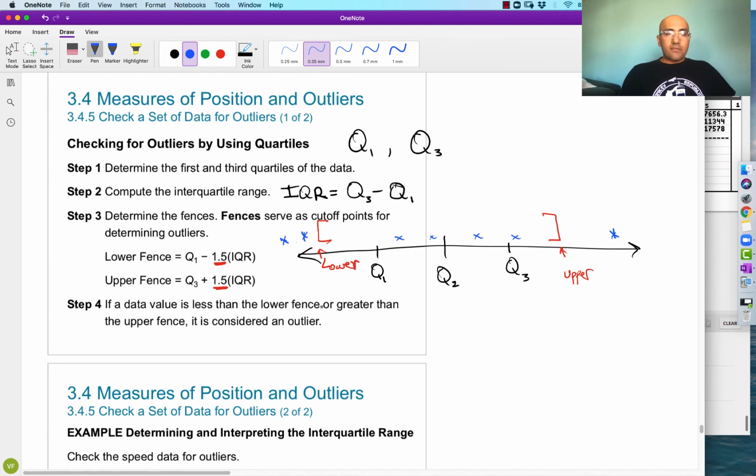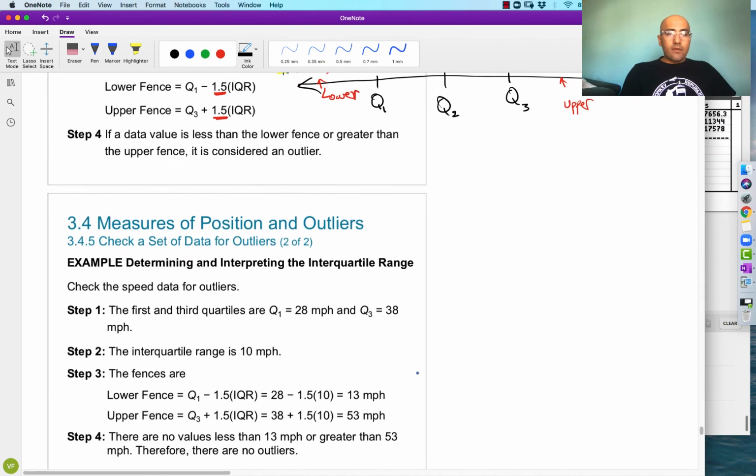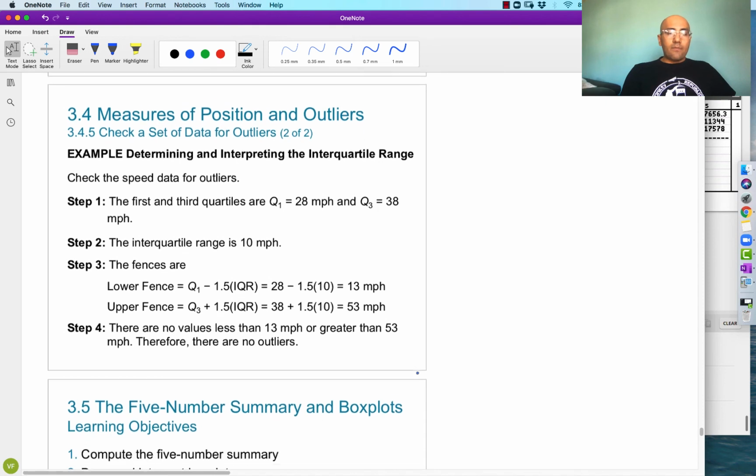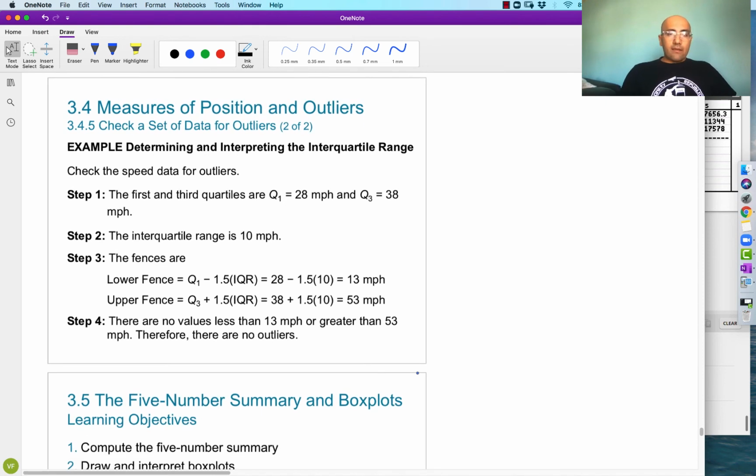So if a data value is less than the lower fence or greater than the upper fence, it's considered an outlier. So this guy's an outlier, that guy's an outlier, that guy's an outlier. Outliers. Good. Okay. Looking at our example, we found that Q1 was equal to 28, Q3 was equal to 38.